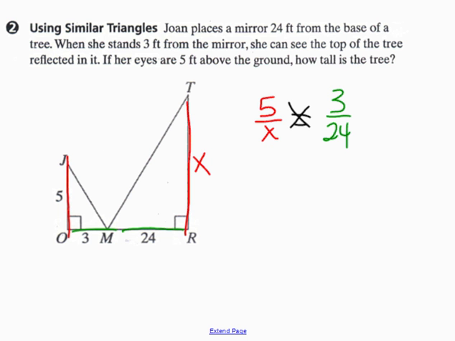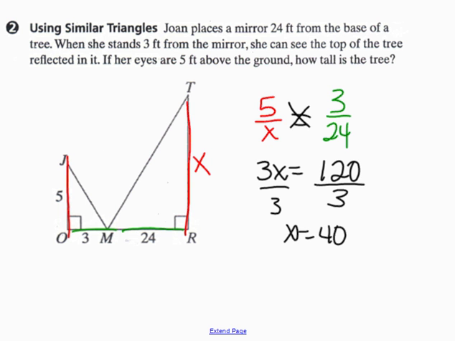So I end up with 3x equals 120. So we divide by 3, divide by 3, x equals 40. So this tree is 40 feet tall. Don't forget the label, 40 feet, because it asks how tall is the tree.